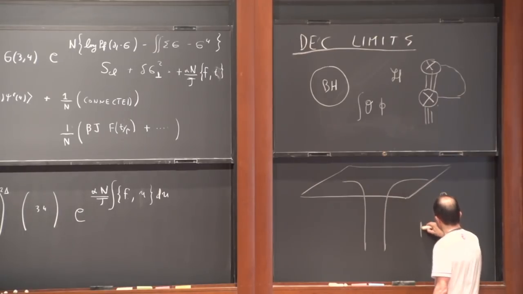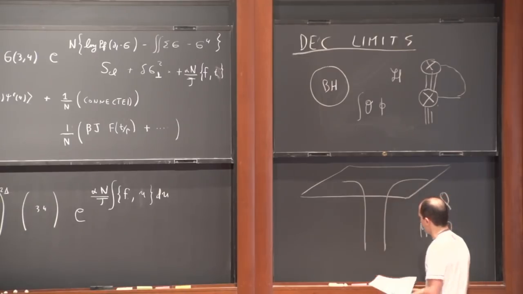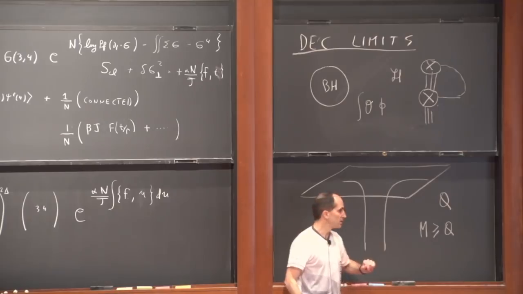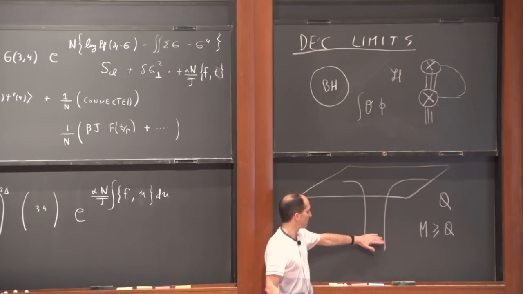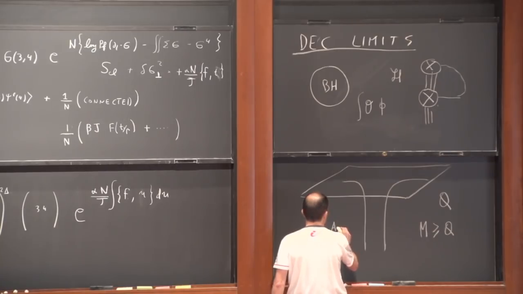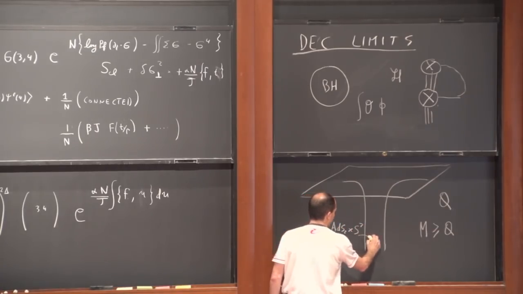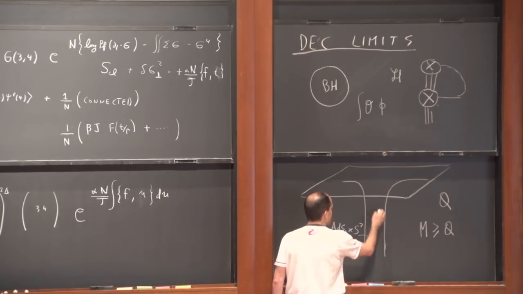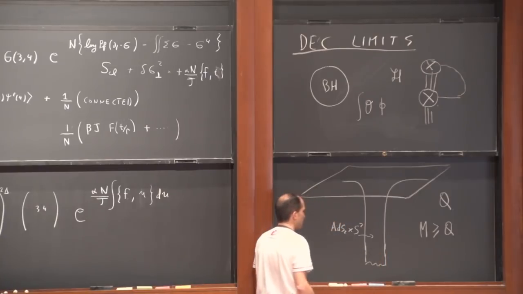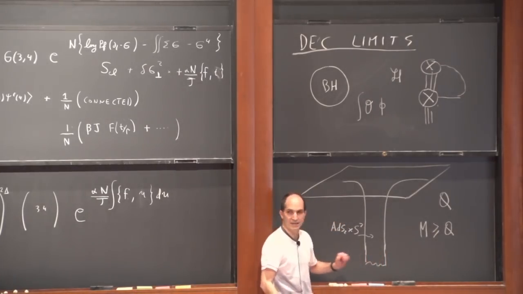And those black holes have to have masses which are bigger or equal than q by cosmic censorship. And when the mass approaches q, then the black hole develops a very long throat with an ADS2 times S2 near horizon geometry in 4 dimensions, an ADS2 throat. And then there is a horizon here deeper inside the throat. That's the picture for a near extremal black hole.